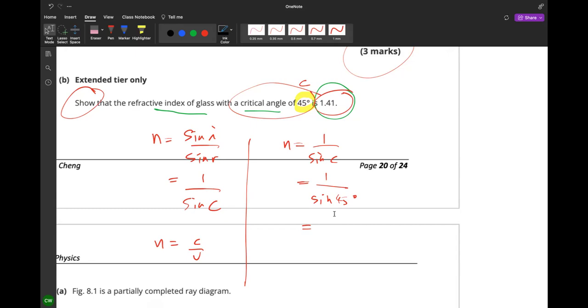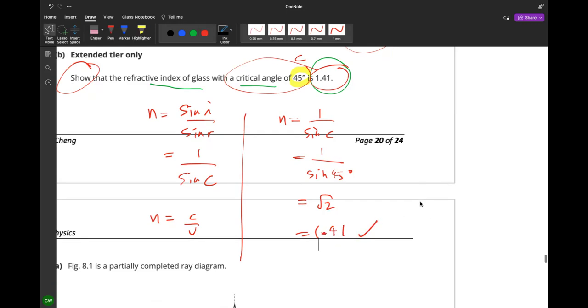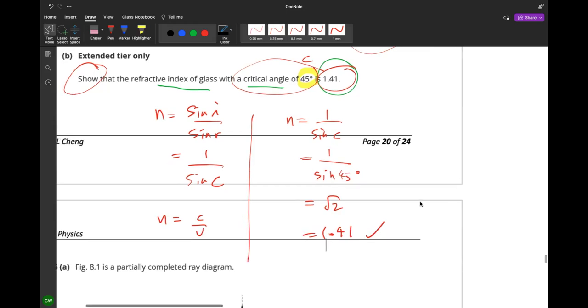What is 1 over sin 45? Root 2 over 2, so root 2, 1 point, is it 1.41? Okay, good. Okay, this is 1.41, okay?